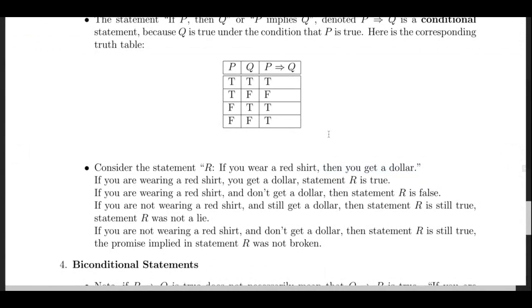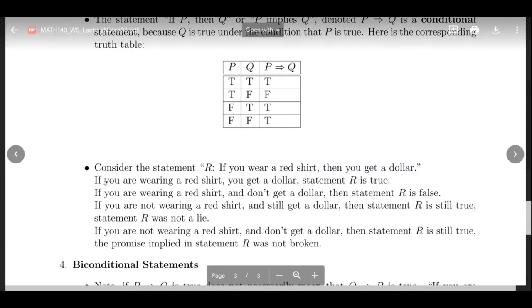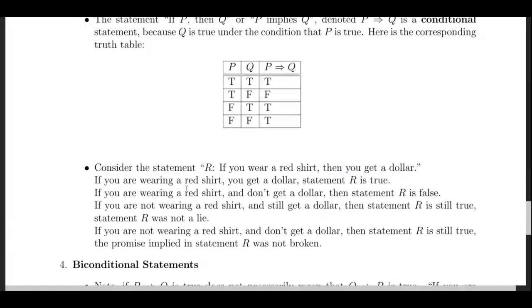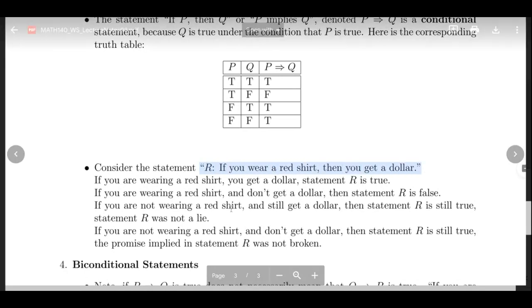The statement is saying, if you wear a red shirt today, you get $1. Let's see if indeed you are wearing a red shirt and you get $1, according to this conditional statement R.